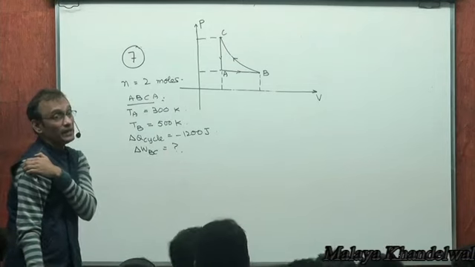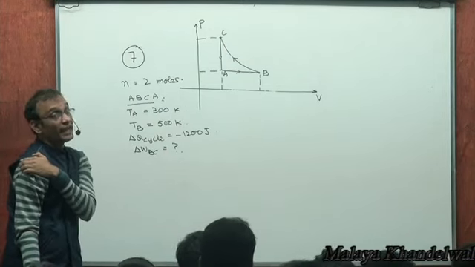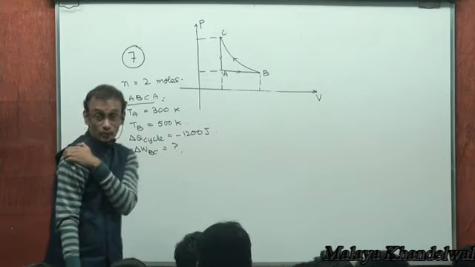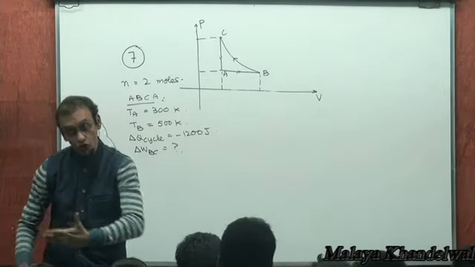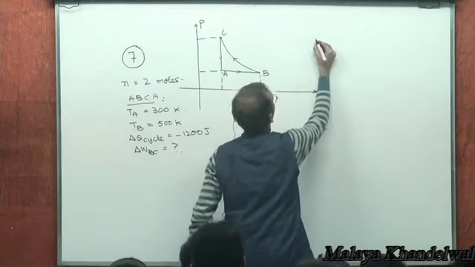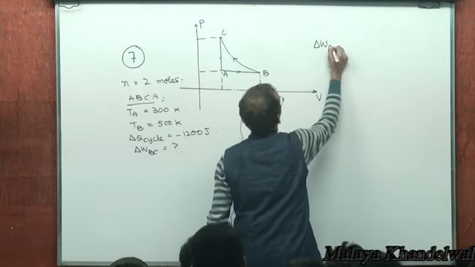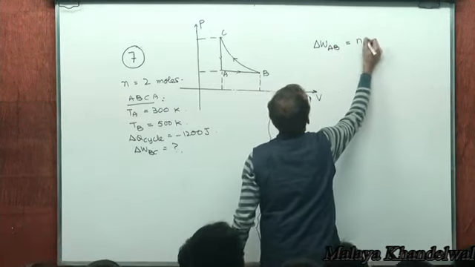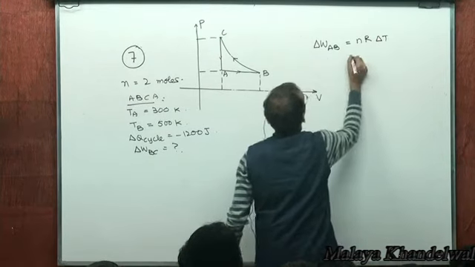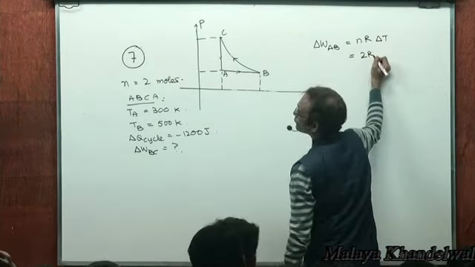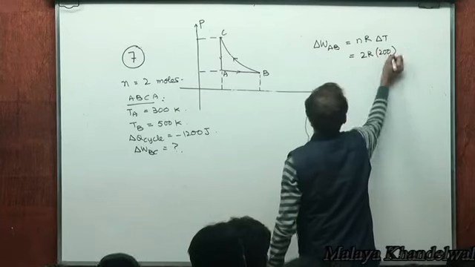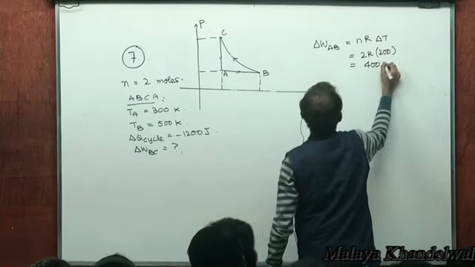Work done in AB is going to be nR into delta T. Yes or no? Constant pressure process, nR into delta T. That means 2R into the change in temperature, 200 Kelvin. So 400 R.